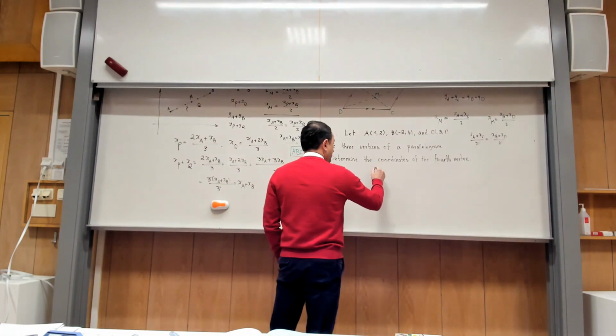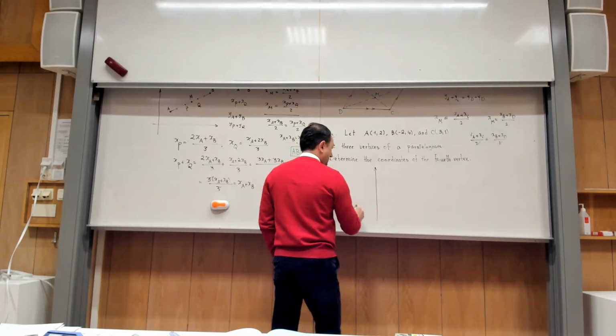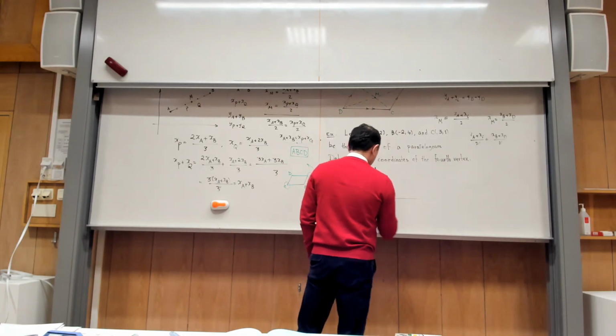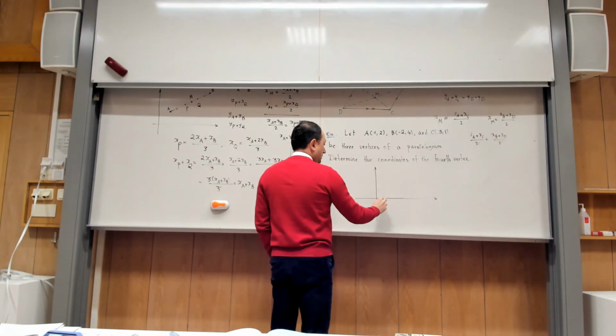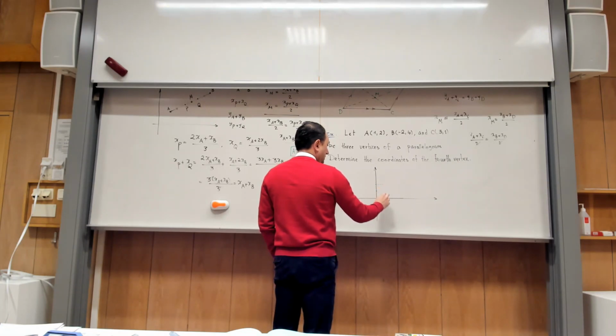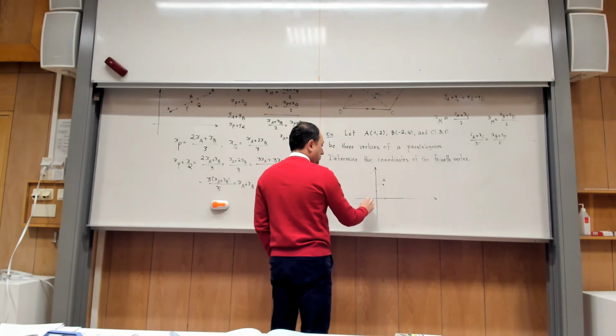So that I have a coordinate system. Yes, I have this coordinate system. And then I have point A. The X coordinate is 1, the Y coordinate is 2. So this is my point A. My point B is minus 2 and 4.